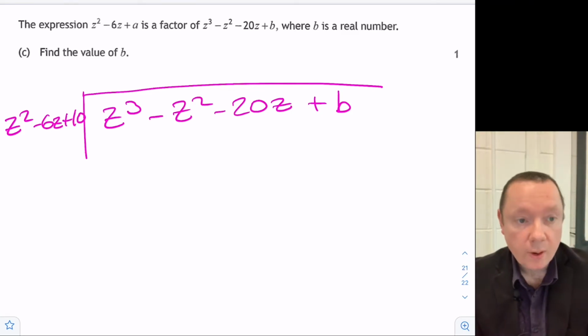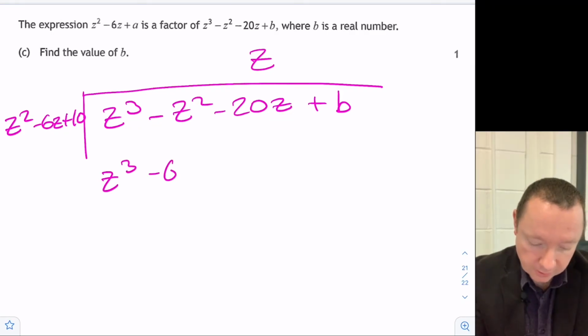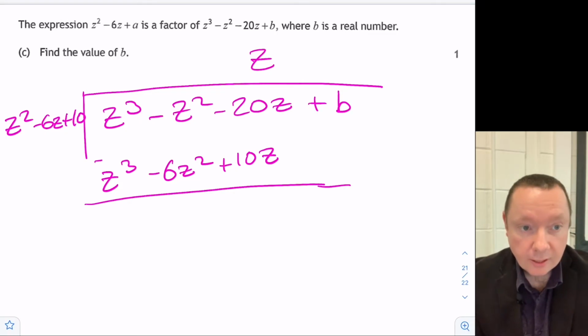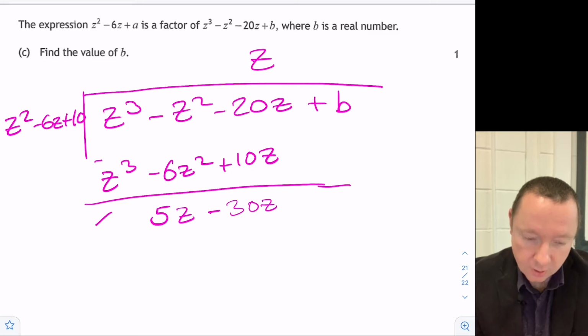So z squared goes into z cubed z times. Times it through by z, then we get z cubed minus 6z squared plus 10z. Taken away from each other, that gives us nothing, and it gives us 5z squared, and we get minus 30z plus our b on the end.